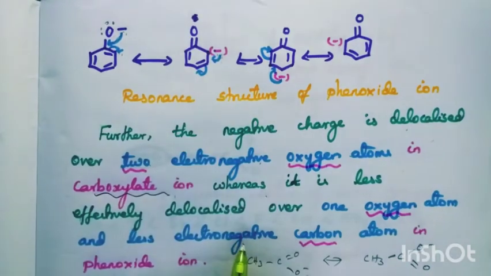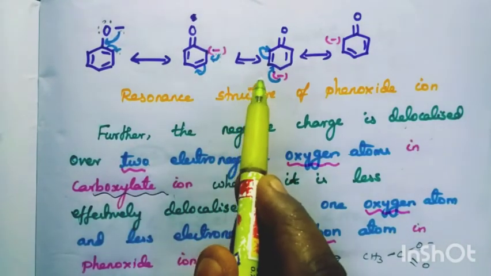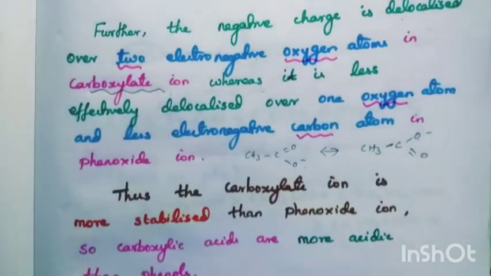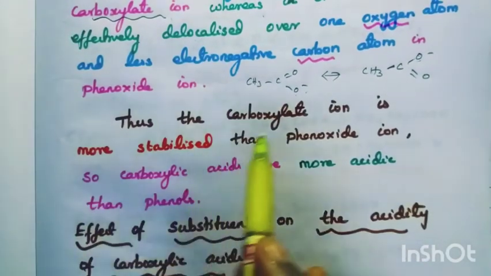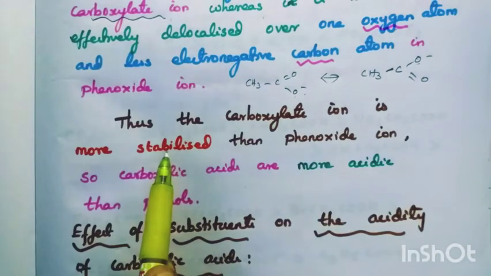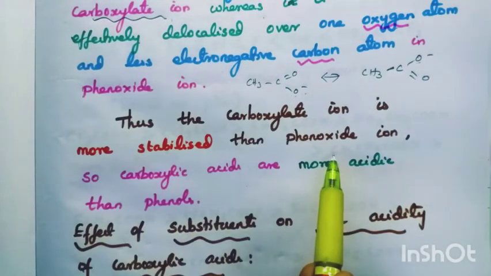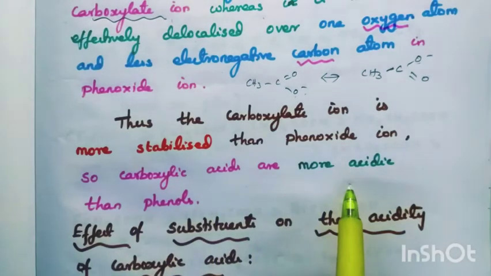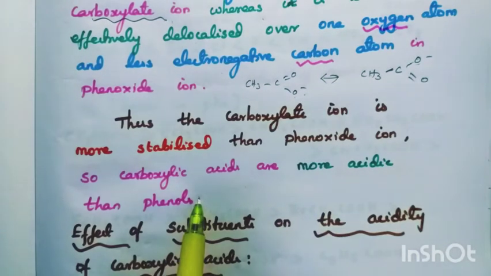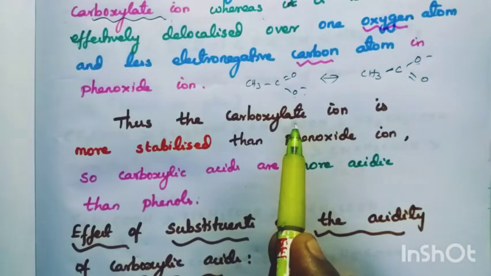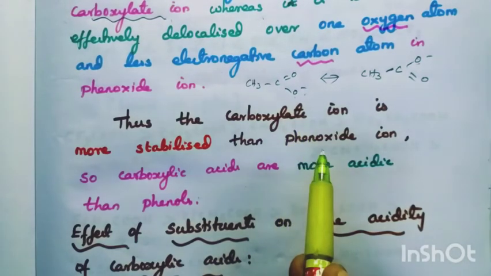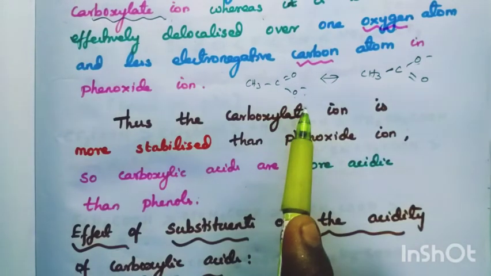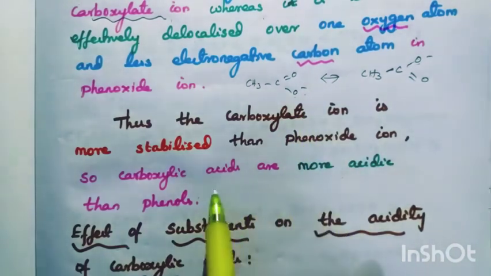So this is less effectively delocalized than in the carboxylate ion. Therefore, the carboxylate ion is more stabilized than the phenoxide ion. So carboxylic acids are more acidic than phenol. The concept is: in carboxylate ion, the resonance is between 2 oxygens; in phenoxide ion, the resonance is between oxygen and carbon. Therefore, carboxylic acids are more acidic than phenols.